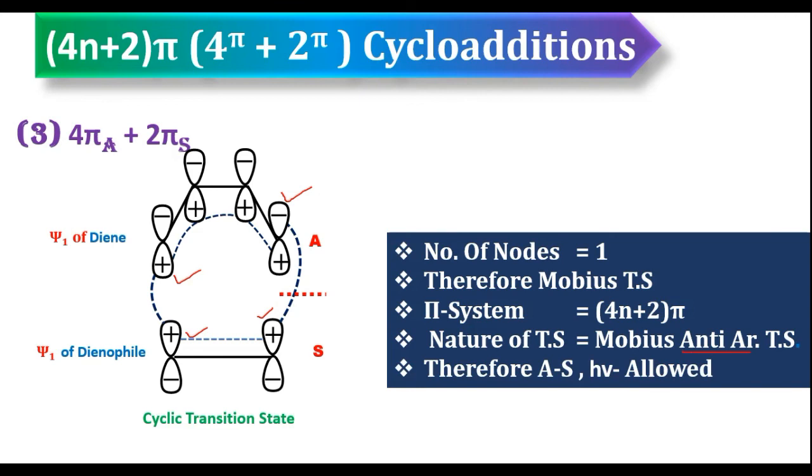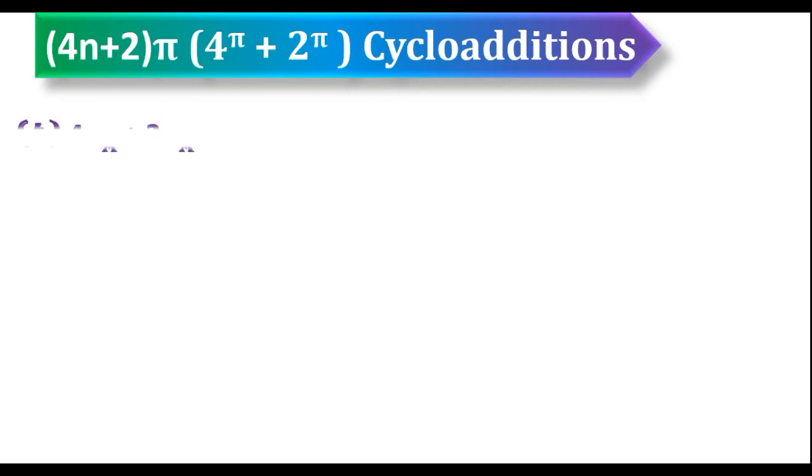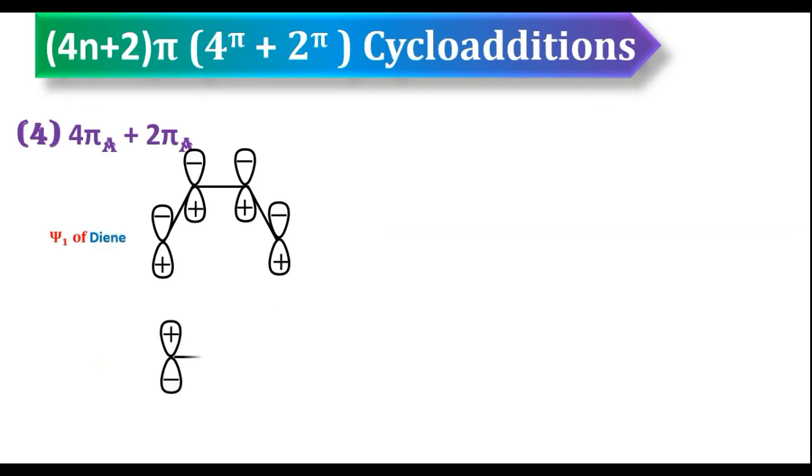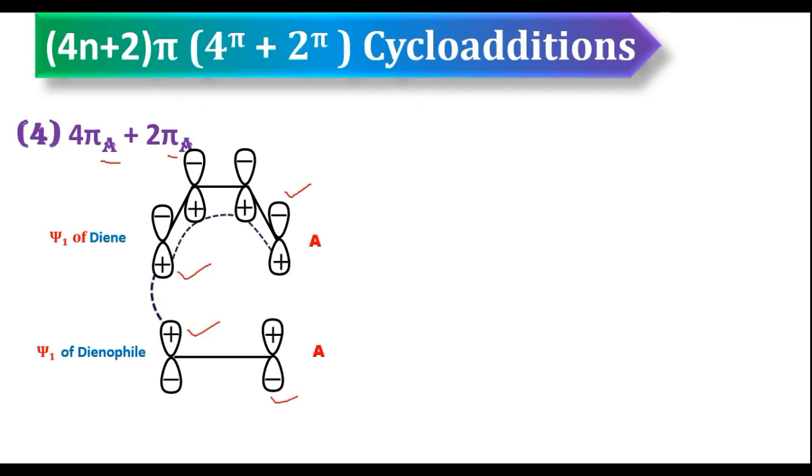The last concept is antra antra mode of addition. So the diene is undergoing antra mode of addition, and the dienophile is also undergoing antra mode of addition. For that, I am selecting opposite side lobes in the dienophile and opposite side lobes in the diene. Now connect these two lobes. Connect all bottom side lobes. Connect these lobes.